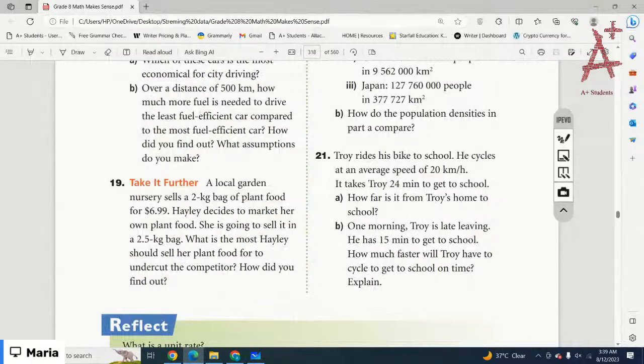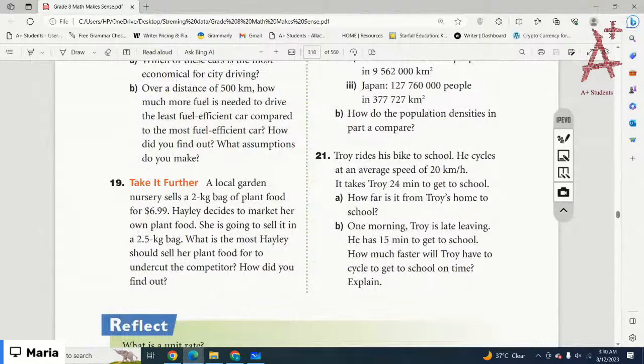It takes Troy 24 minutes to get to school. How far is it from Troy's home to school? One morning Troy is late leaving. He has 15 minutes to get to school. How much faster will Troy have to cycle to get to school on time?